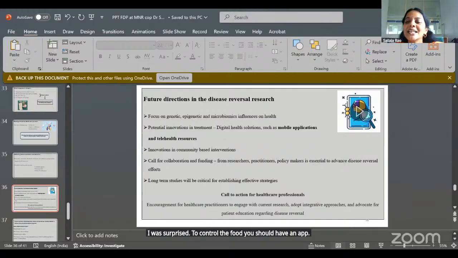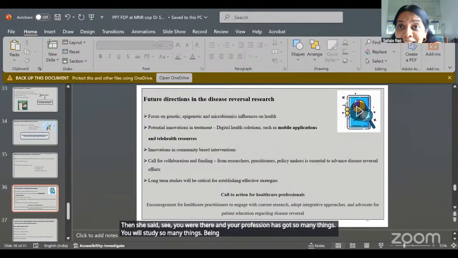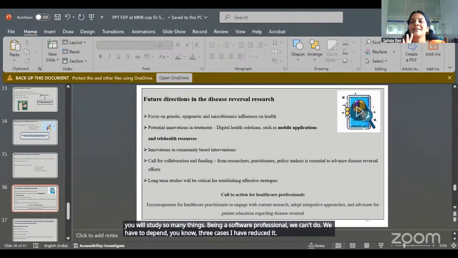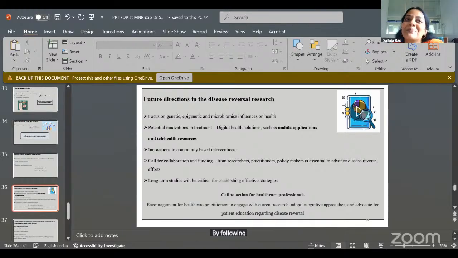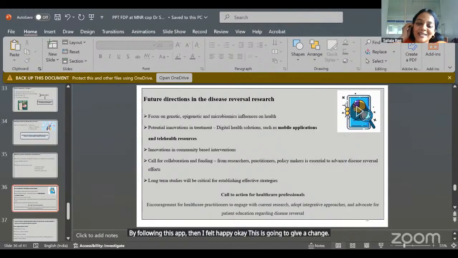Then she said, see, you in your profession have got so many things. You study so many things. Being a software professional, we can't do that. We have to depend. I have reduced 3 kgs by following this app. Then I felt happy. Okay, this is going to give a change, a sort of small revolution. Follow it, no problem. But see that you have a balanced diet.